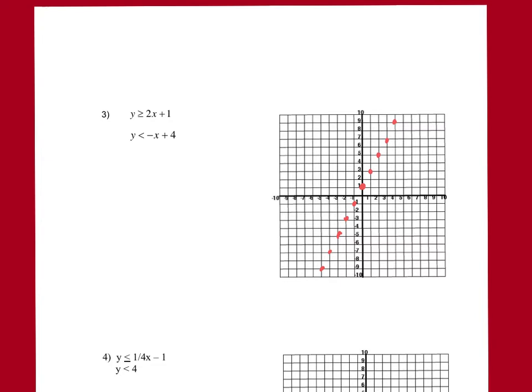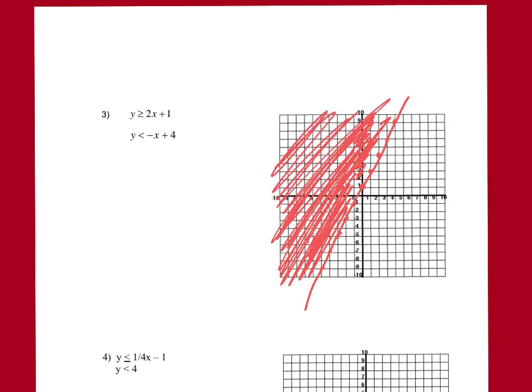Solid. Raise your hand if you agree with that. Shading above or below this line? y is greater than, which means I'm shading above. So again, guys, if you decide to use this method instead of waiting till the end, please make sure you shade lightly.